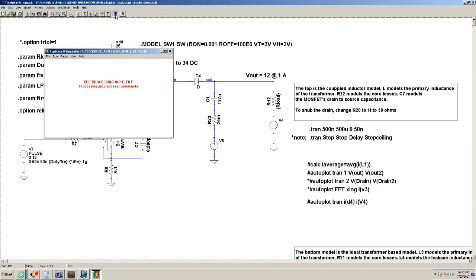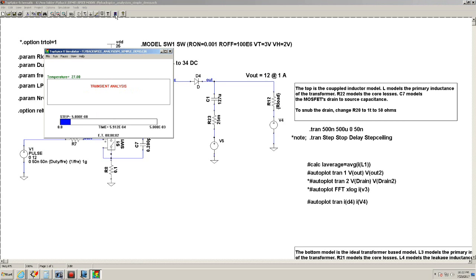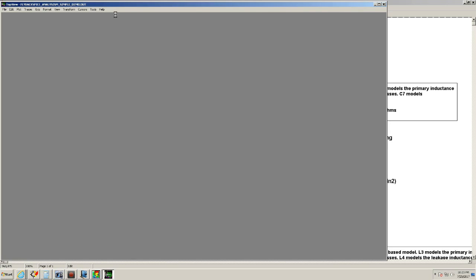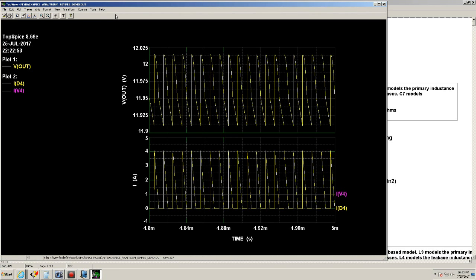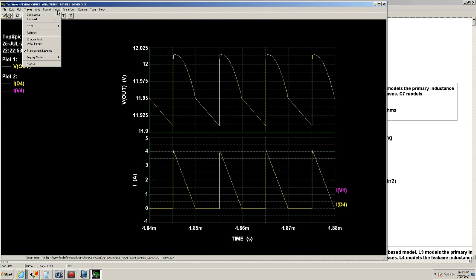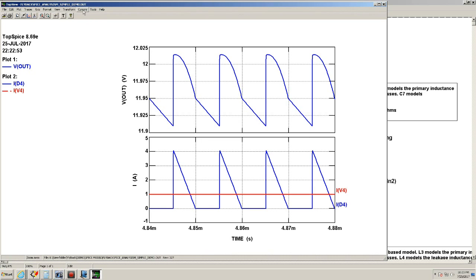Run it. Let's see the approximate. How close is it?